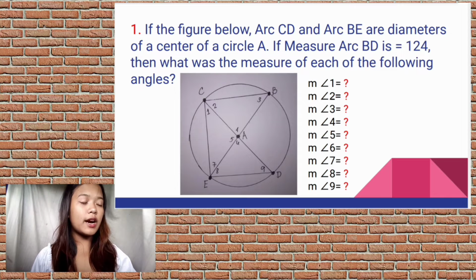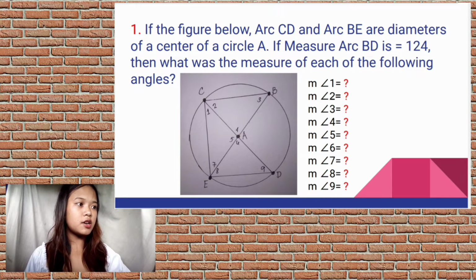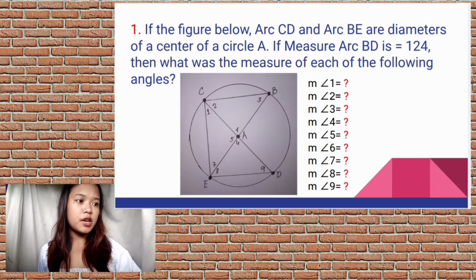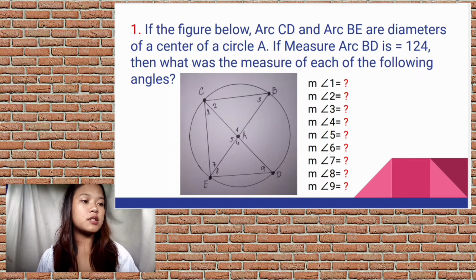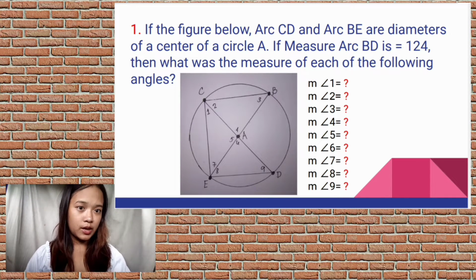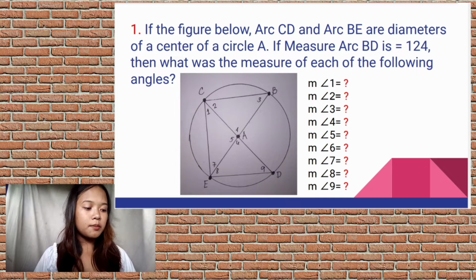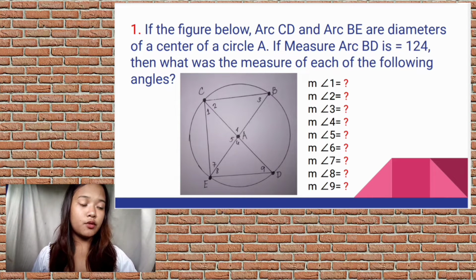In the figure below, arc CD and arc BE are diameters of circle A. If the measure of arc BD is equal to 124 degrees, then what is the measure of each of the following angles? So arc BD is 124 degrees.